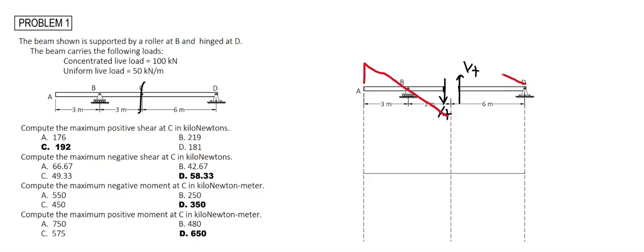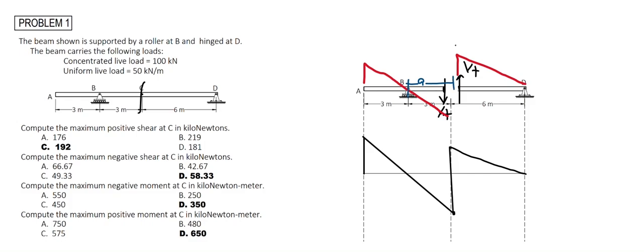And on the right side, it will somehow move like this. And this is the graph of our influence line diagram based on the rotation of the beam. The value for the negative shear at this point is the ratio of the distance going from the support towards the point where we cut the beam.